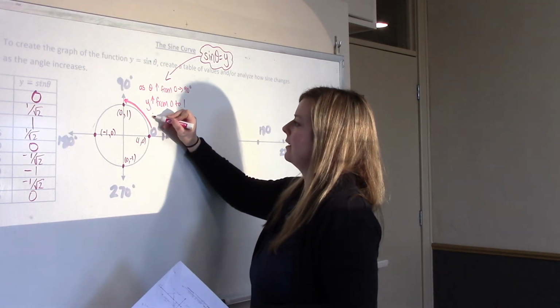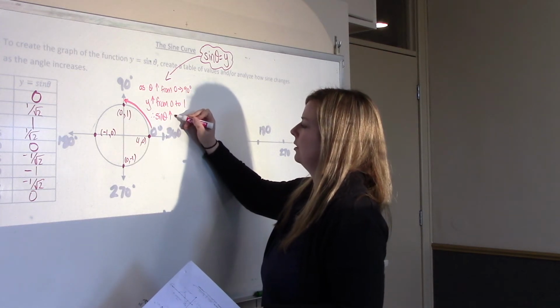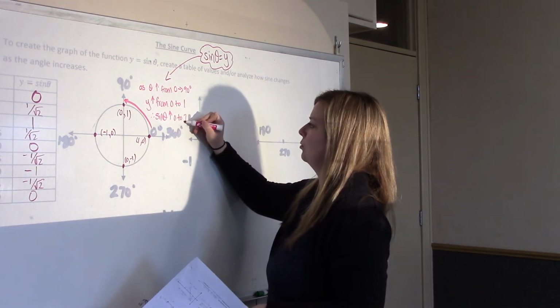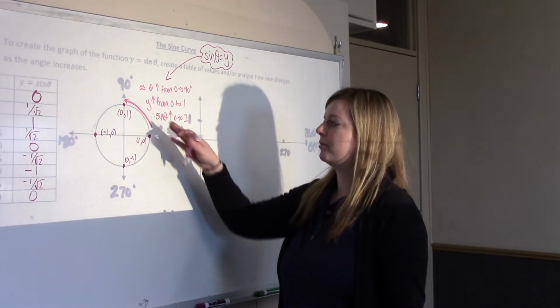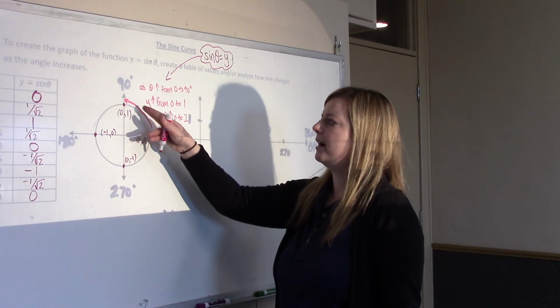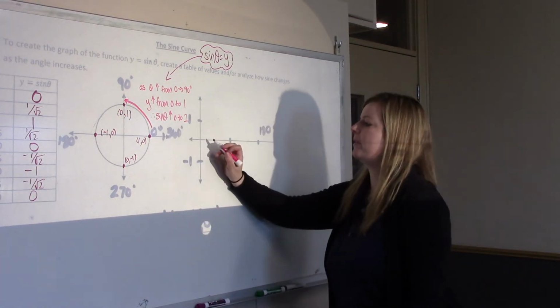So that means sine theta does the same thing. Our y value is going up, we're going higher, it starts at 0 and it ends at 1. So we can label that here.